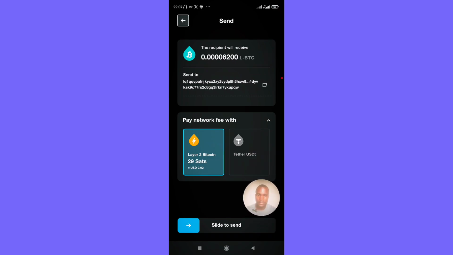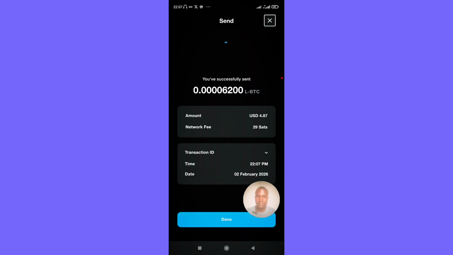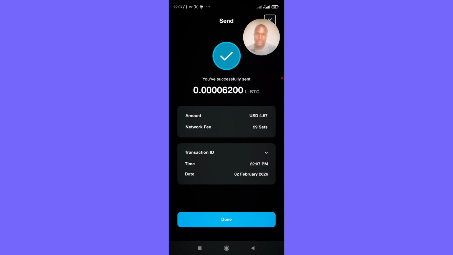Pay the network fee with Bitcoin or Tether. You can choose which one to use, but because I don't have Tether, let's just go with the Bitcoin. I'm only paying 2 cents. So let's slide that one. And you can see you've successfully sent that amount.